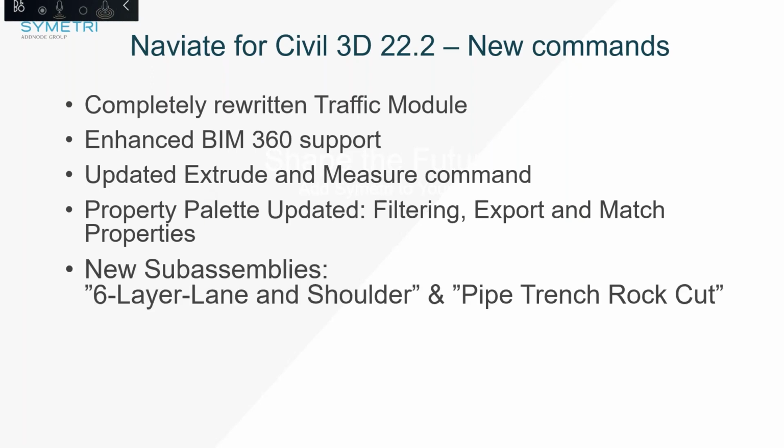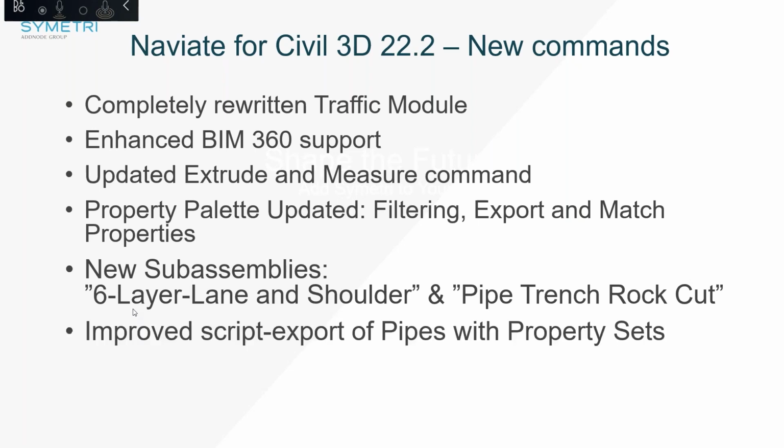We have some new subassemblies for road, which is a 6-layer lane and shoulder, and for pipe, a new pipe trench rock cut. Caroline is going to show the pipe trench rock cut later today. We have improved script export of pipe networks, actually, with property sets.